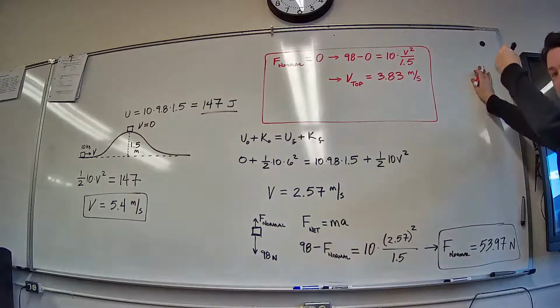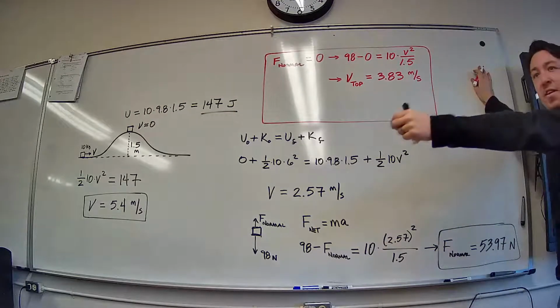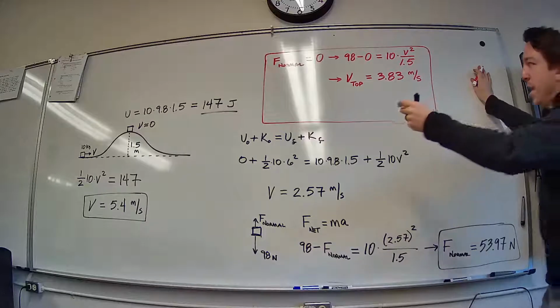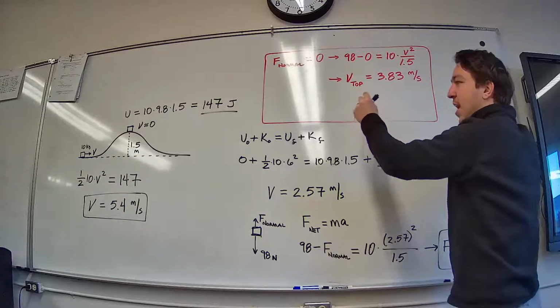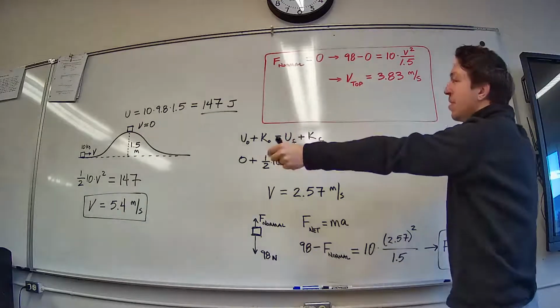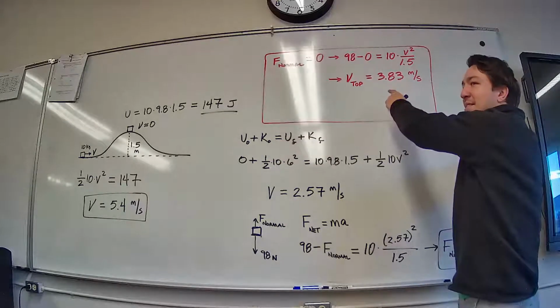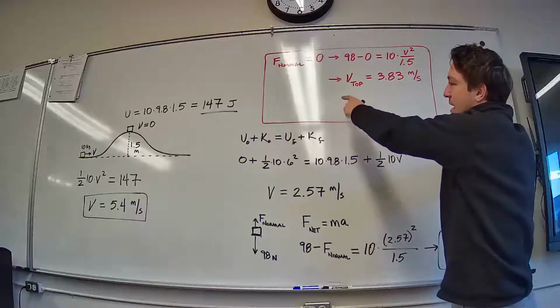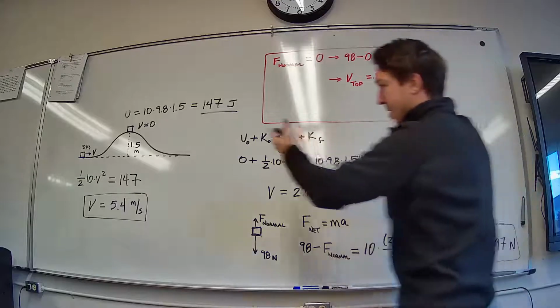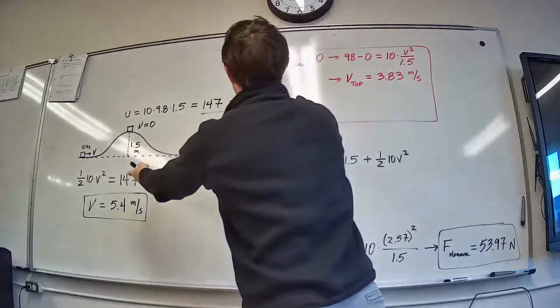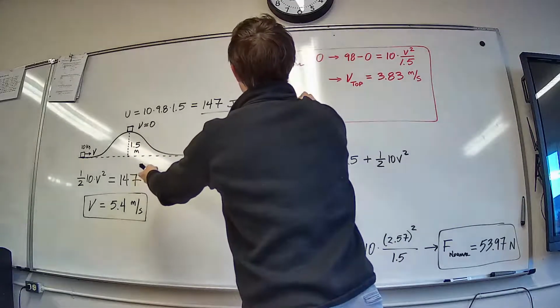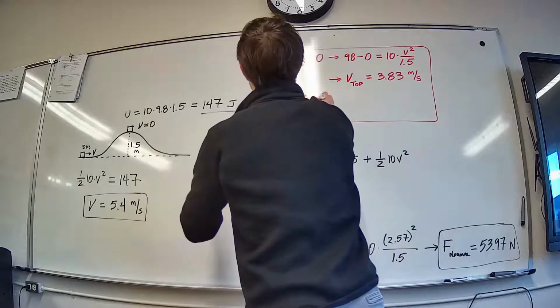So hopefully it makes sense how we're reverse engineering it. We're going backward. Assuming I was going that fast at the top, how fast would I have been going at the bottom in order to have that velocity at the top? It's an energy calculation now. At the bottom, I had 1/2 mv squared.